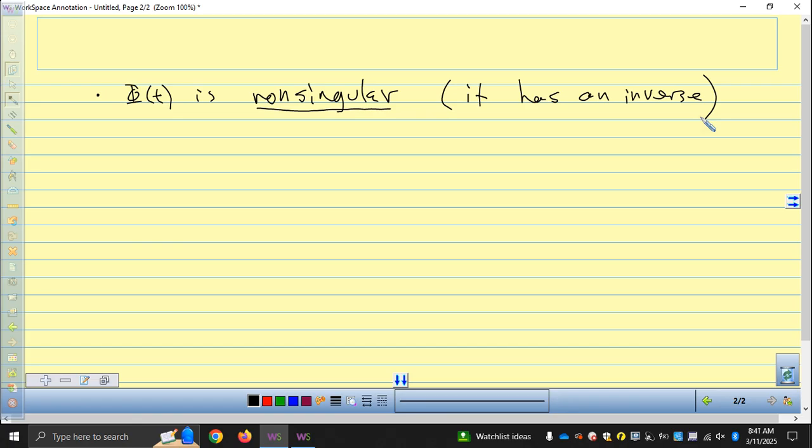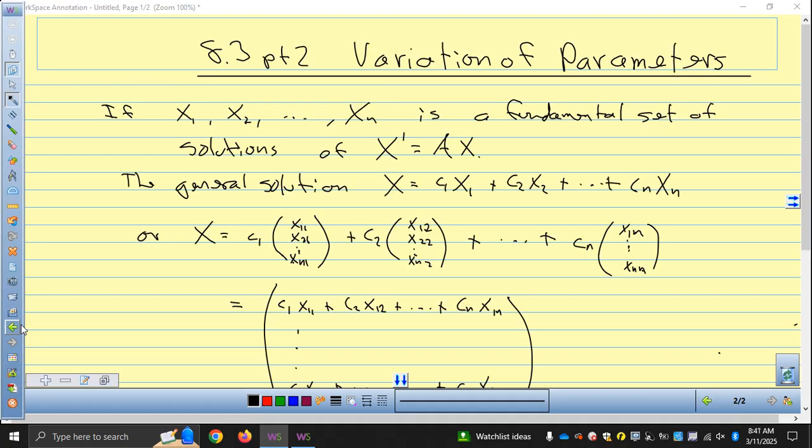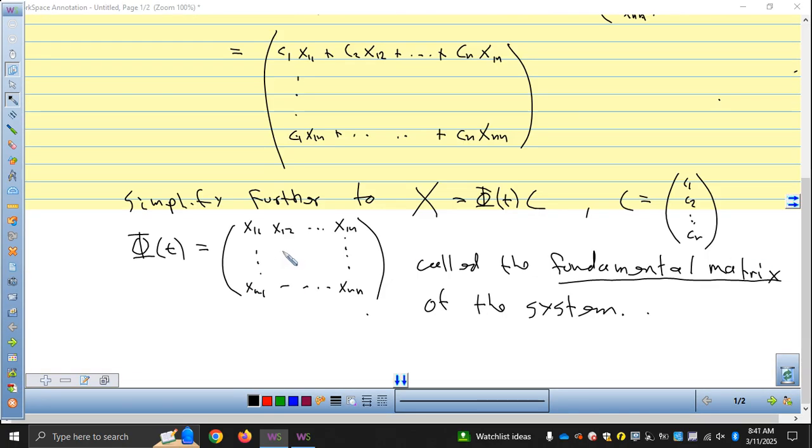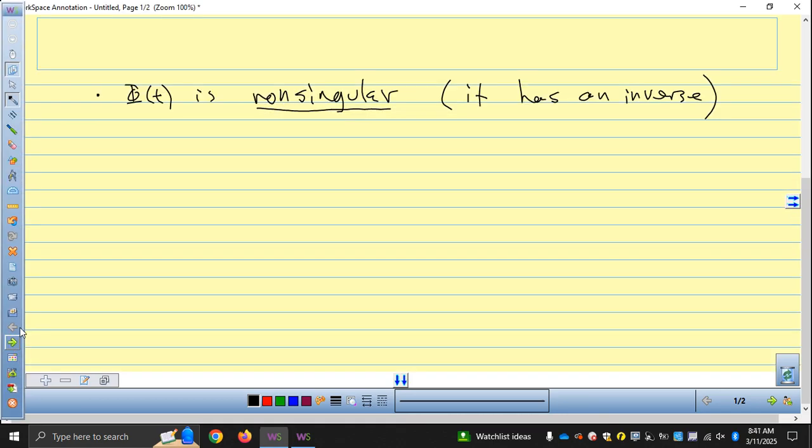How do we know? Well, if we look back at phi of t, the determinant of this matrix is the Wronskian of that system. And we know for a fundamental set of solutions, the Wronskian is not 0 for all t in our interval of solution. So this matrix has an inverse.